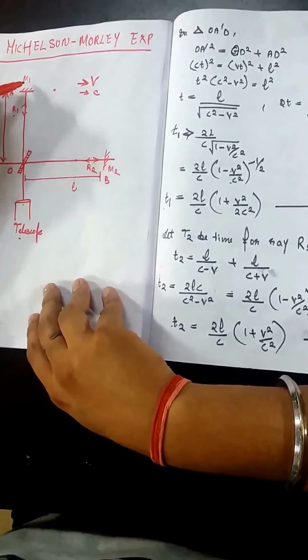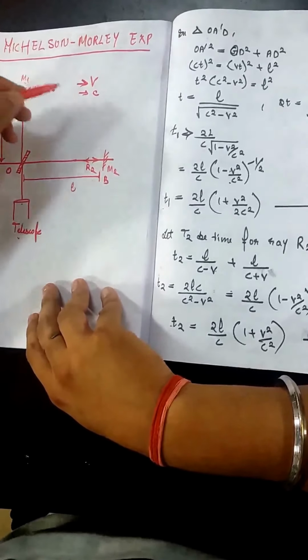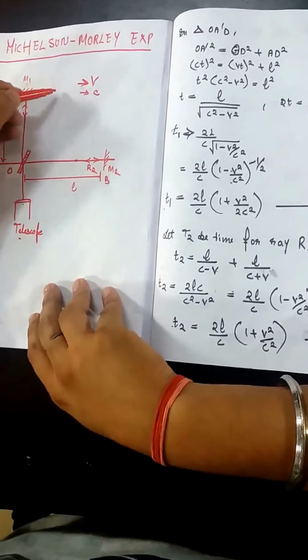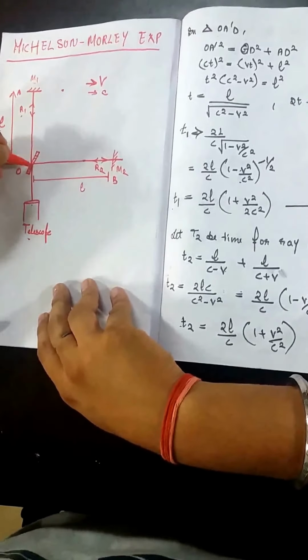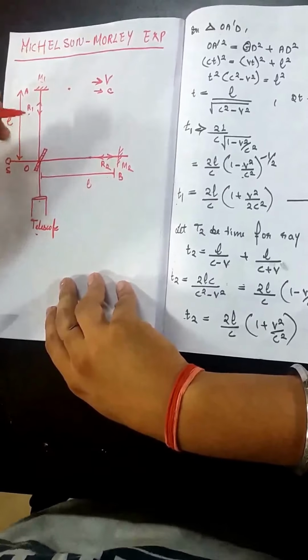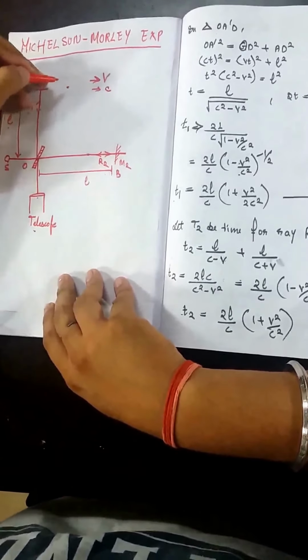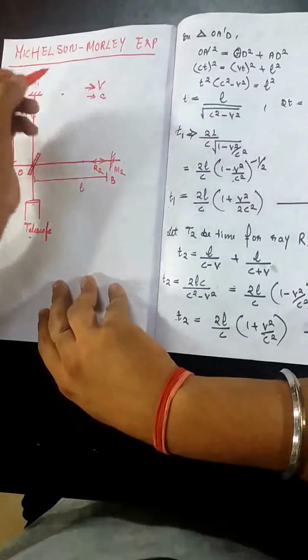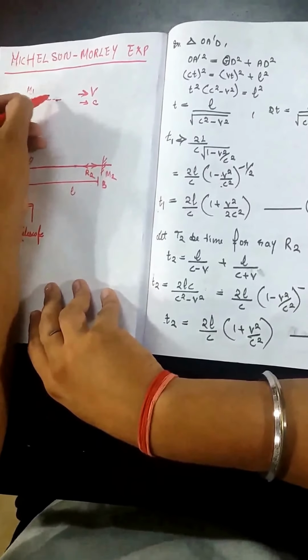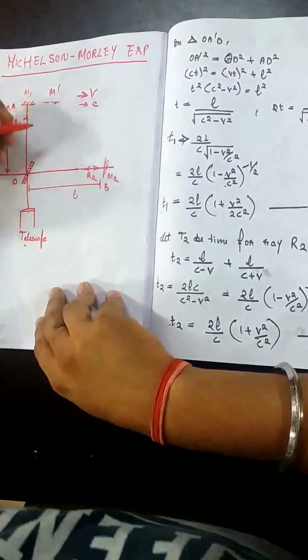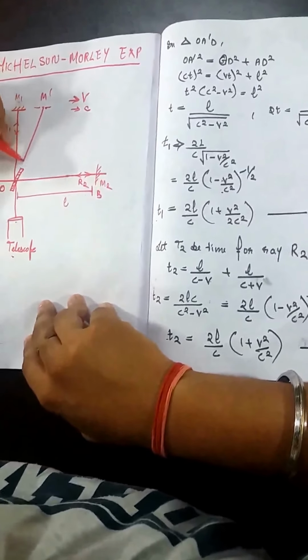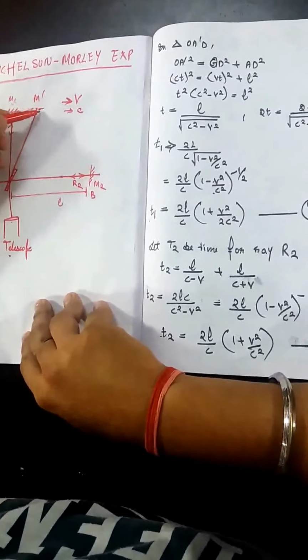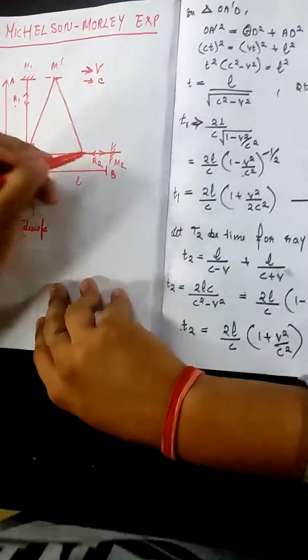Now M1 will shift to point M1 dash, because by the time the ray emitted from here reaches M1, it will have shifted to the right. So we will take that point as M1 dash, and the ray will reflect back to the point O dash.